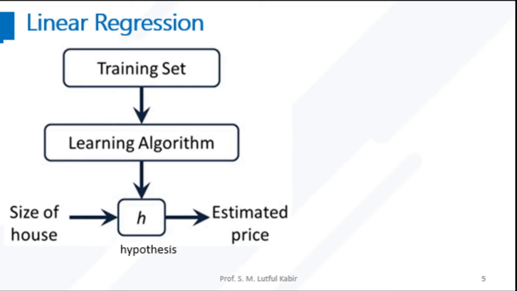The job of the hypothesis is to take as input the size of a house, the size of a new house that your friend is trying to sell, so it takes in the value of x, and h is a function that maps x to y, where y is the estimated price.